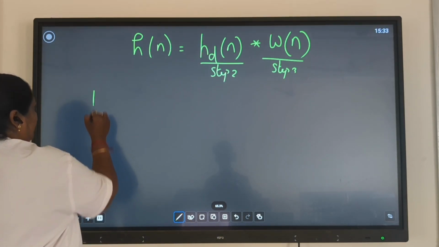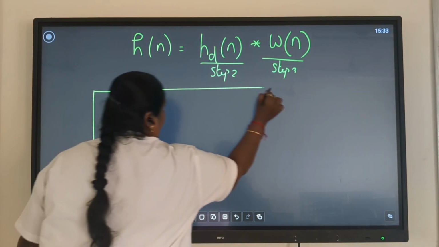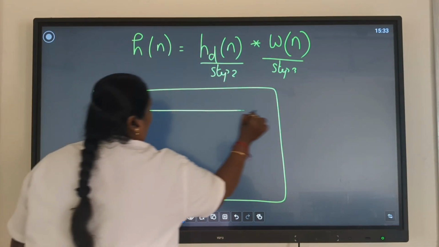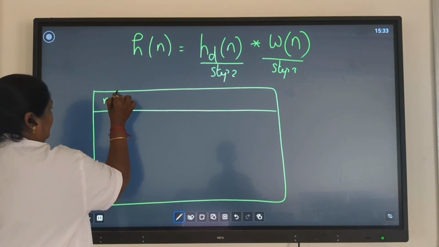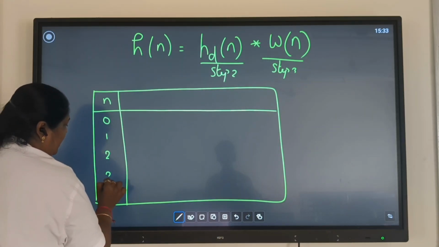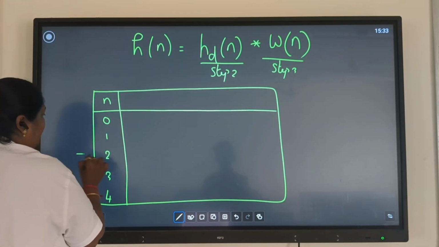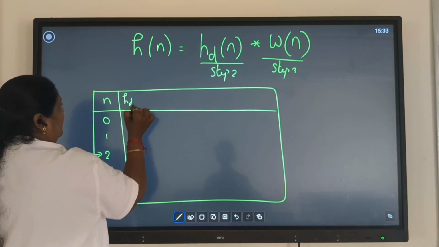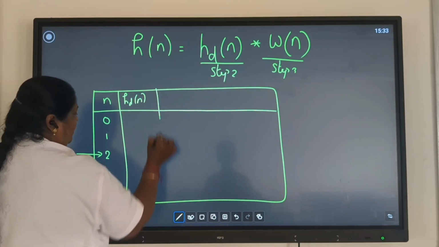Simply you can put a table, which will be easy for you to multiply. So n is 0, 1, 2, 3, 4. Center value is 2. Your hd of n from step 2.